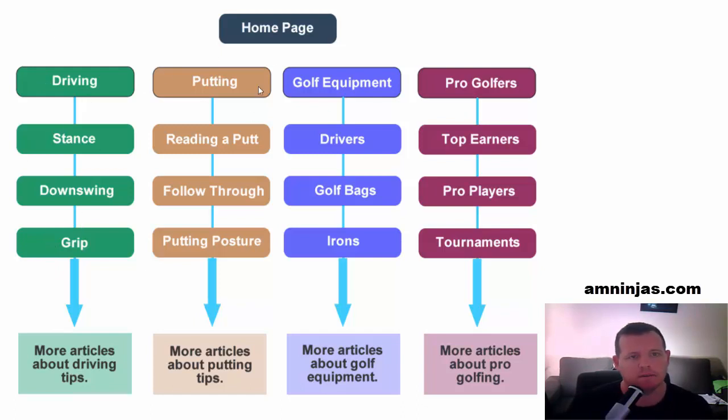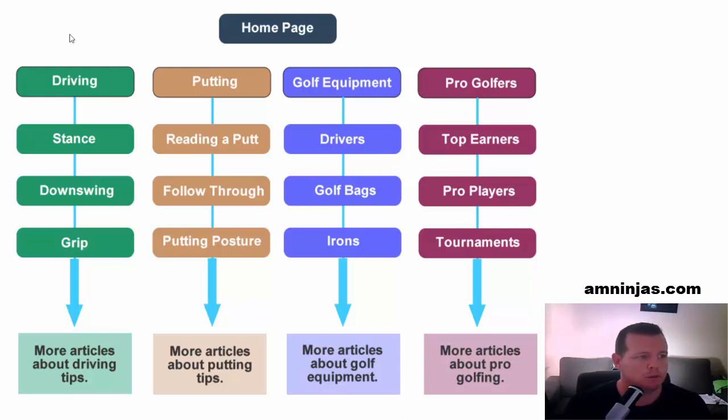For example, if you've written an article about driving, in the sidebar it could have three articles related to pro golfing or putting or something like that, and that's just not going to be all that relevant towards the driving content that you've written or published. Now, the way to get out of that is there are plugins that you can use to show only related posts within your sidebar or wherever it displays.